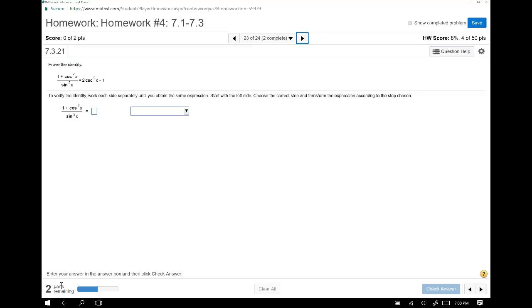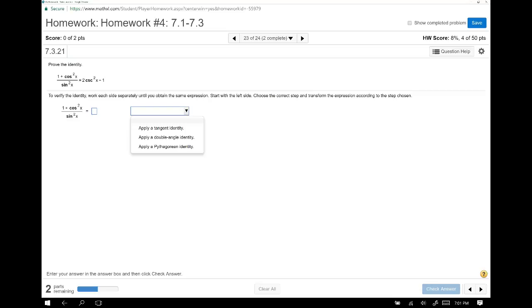I have no idea where to start, so I am going to see what my options are. Apply a tangent identity. With that +1 in the top, I can't just jump into a tangent identity, no. Apply a double angle identity. 1 plus cosine squared over sine squared. I don't believe that's the double angle identity for anything.